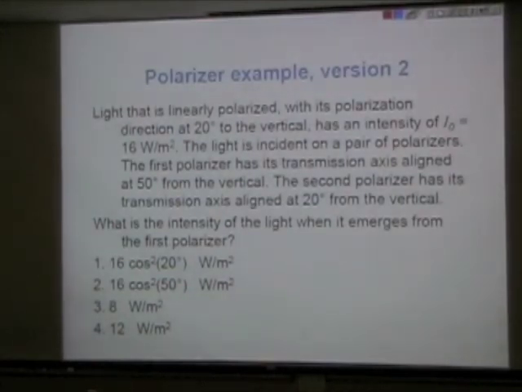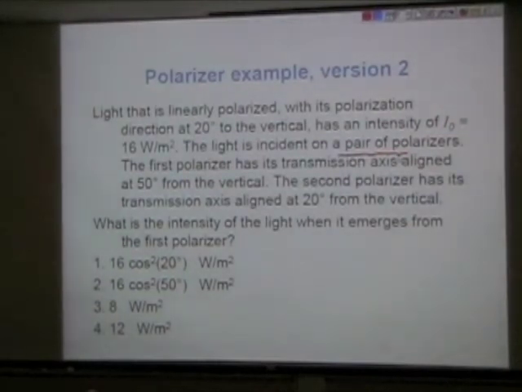Light is linearly polarized with polarization direction 20 degrees to vertical, and has an initial intensity of 16 watts per meter squared. And again, we have two polarizers. First polarizer is at an angle of 50 degrees, the second is at an angle of 30 degrees. Exactly the same situation as we just did. The only difference is the light is initially polarized.